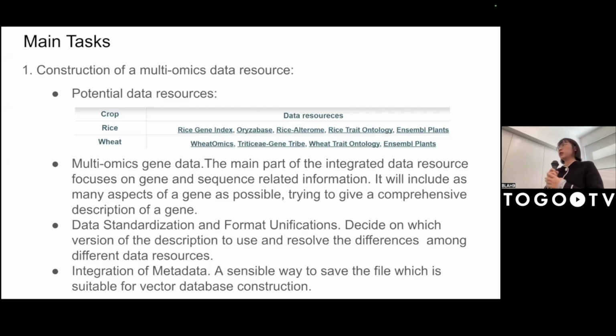So currently, if I want to integrate multi-omics data and do some standardization and unification of different data types, I need to do lots of surveys on what the databases include in their own resources. And I'm struggling to find a proper way to integrate those different data from different resources.